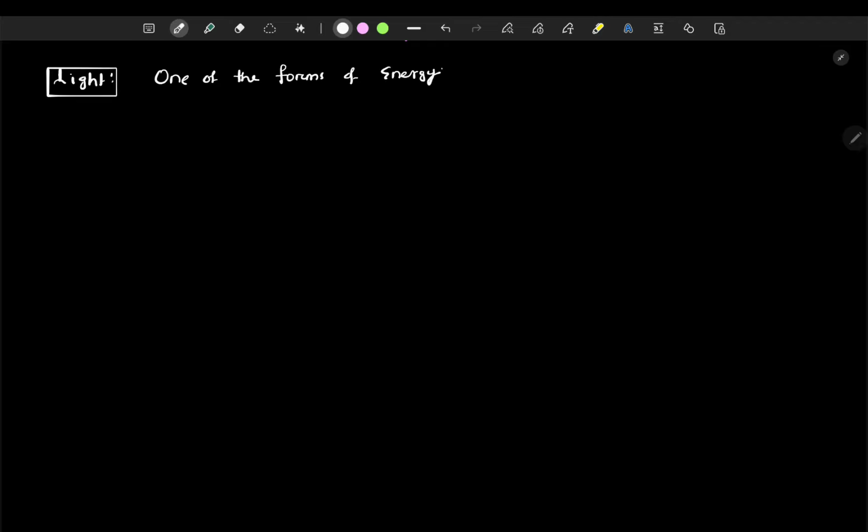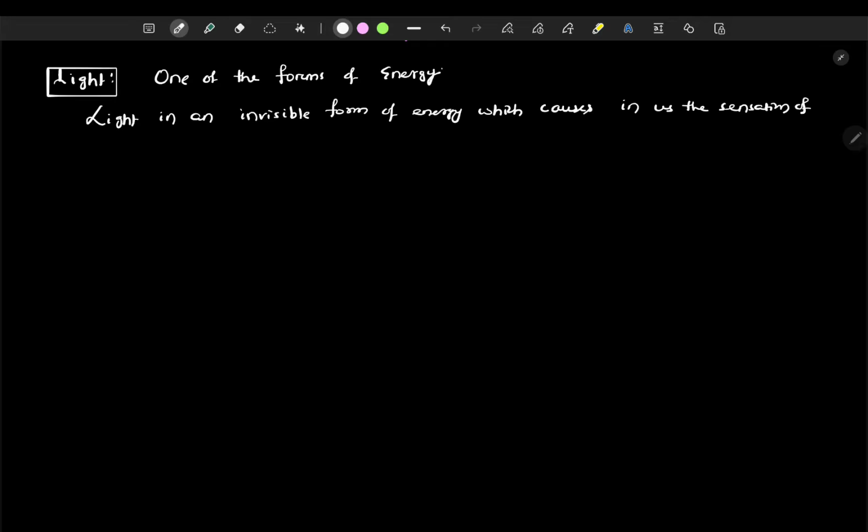So simply, light is an invisible form of energy which causes in us the sensation of sight or vision.